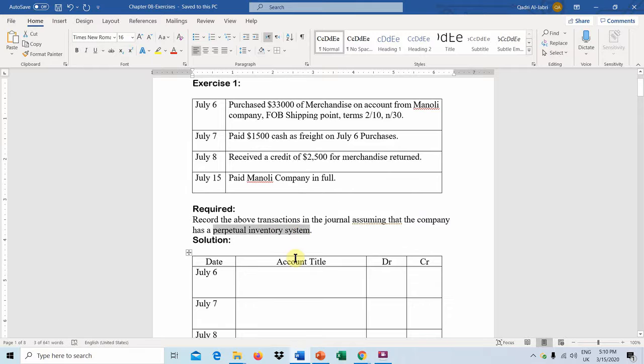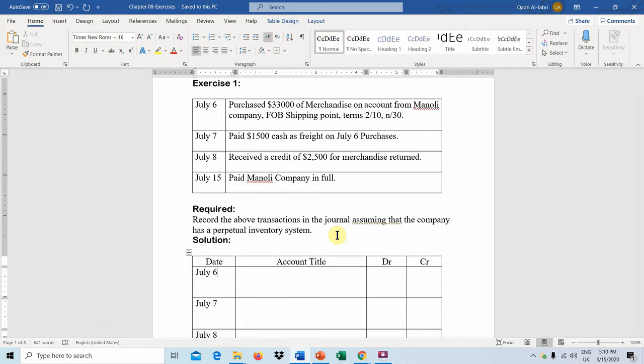Exercise 2 will account for purchases transactions using a periodic inventory system. Then in exercise 3, we will see some sales transactions and how to account for them using a perpetual inventory system. Then for the same transactions, we will use a periodic inventory system. So now let's check these examples.